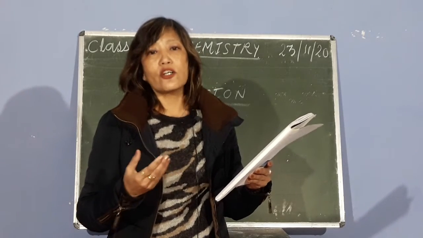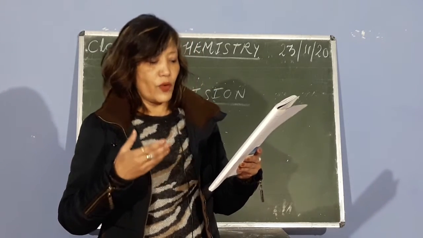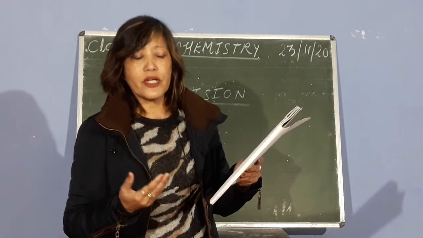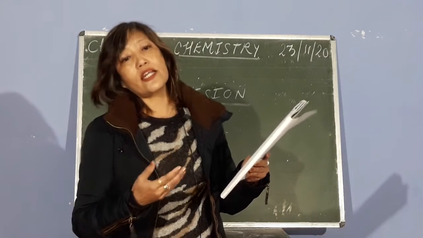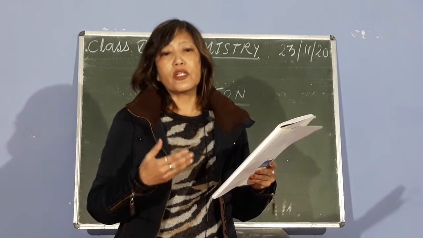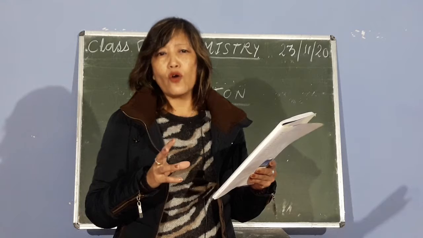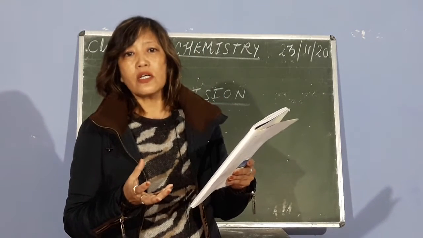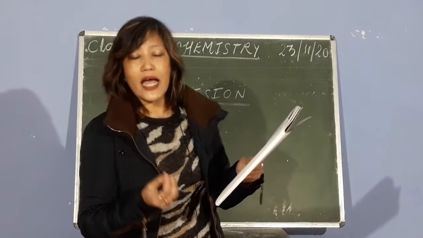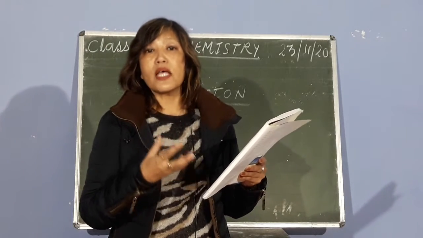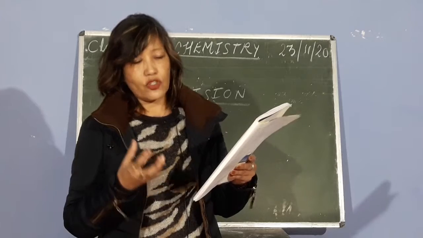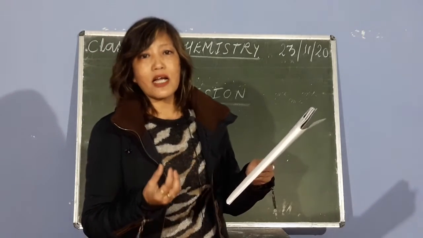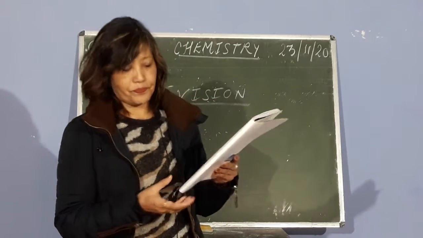So when the iron object comes in contact with the oxygen in presence of moisture, then that iron object will be covered with some brownish substance which is called rust. Actually this iron is converted into hydrated iron oxide. So that hydrated iron oxide is called rust. So which metal rusts? It is iron.